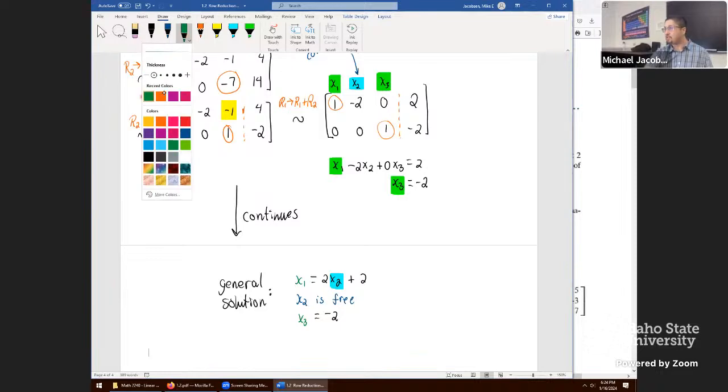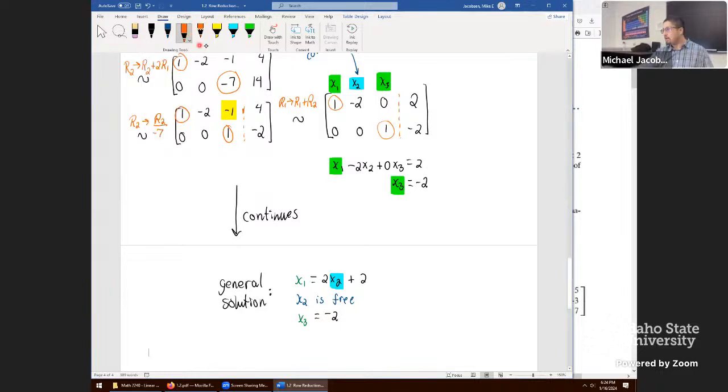So just for extra description, when you write down x2 is free, what you're really saying is x2 is any real number.